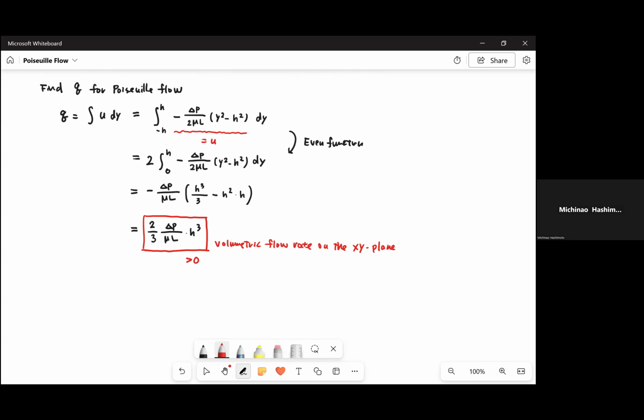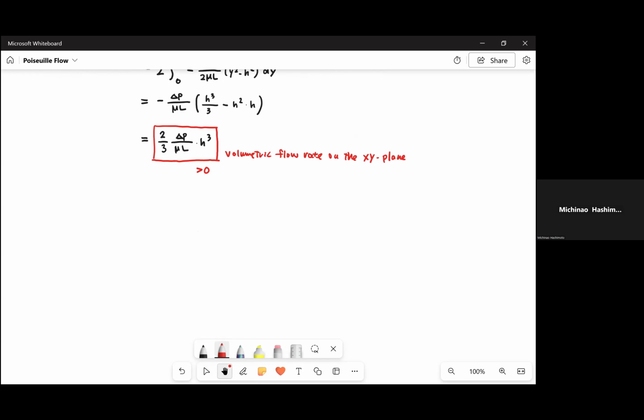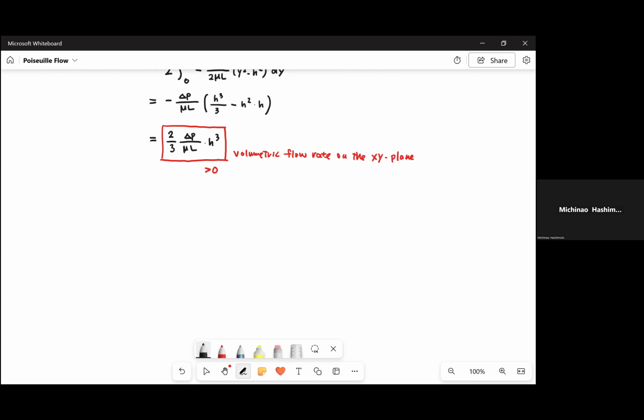Okay, so that is really the end of the flow rate, and then we have one more part to calculate, which is the pressure. Part B is the pressure field. From the Navier-Stokes equation, let me revisit equations 2 and 3.